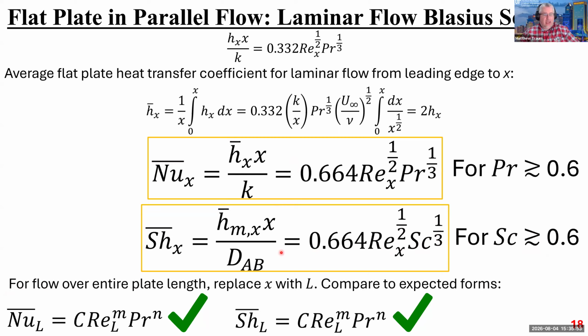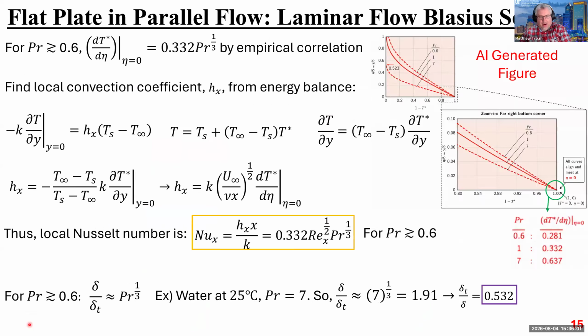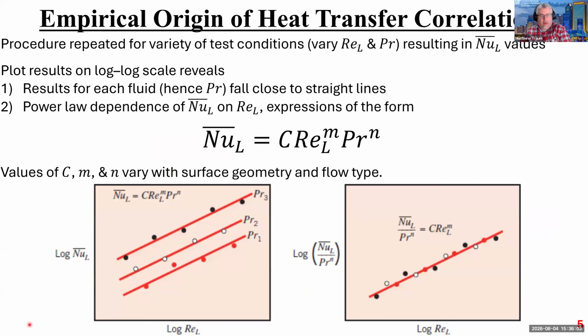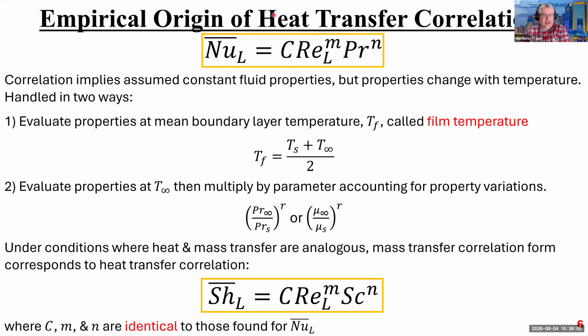And just as a sanity check, we want to go back and remember that originally, way back here, we posited this as the equation for these average Nusselt number values: C times Reynolds number to the m times Prandtl number to the n.